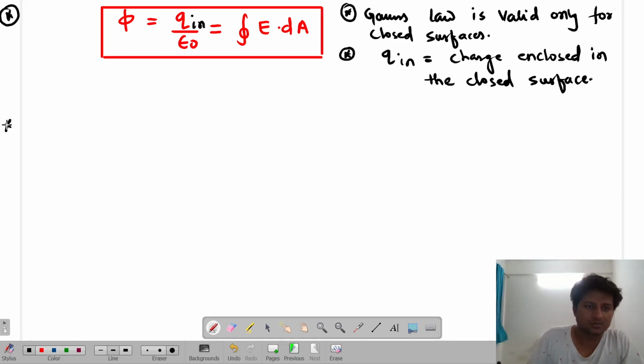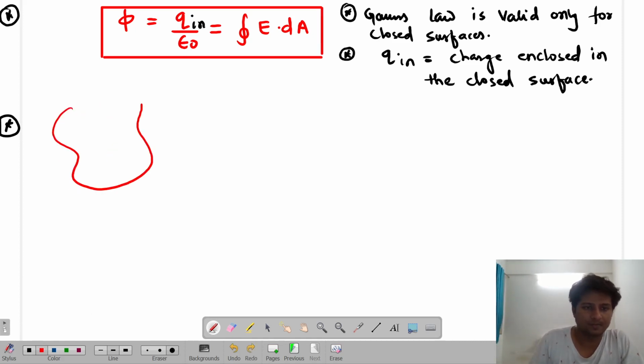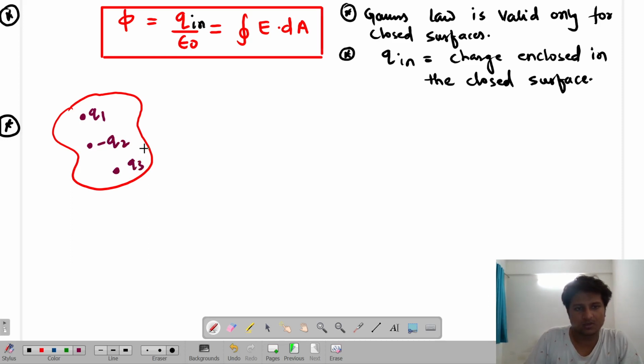So let's suppose take an example. Let's suppose if I have any arbitrary closed surface, okay, and in that some charges are there like q1, minus q2, q3, and outside some charges are there q4 and q5.